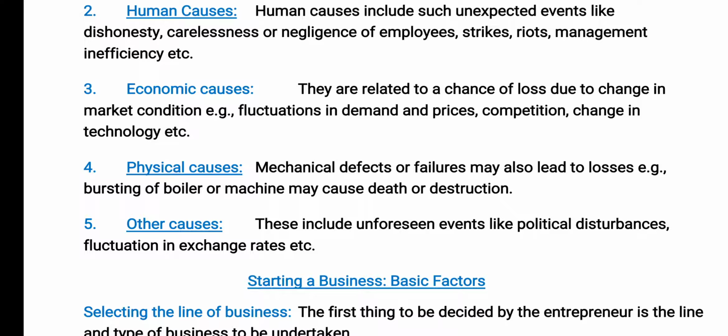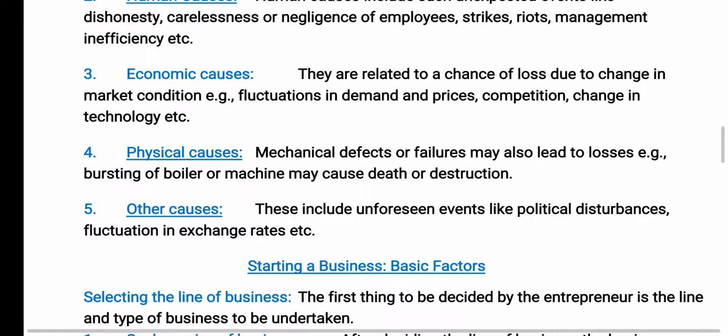In 1971, when the Janta government came to power, the Coca-Cola company and many other foreign companies were sent back from India. So it was a great loss for them. So there can be price fluctuation in the market, there can be a change in fashion, or there can be a change in government policies which can lead to a great loss to big business firms.